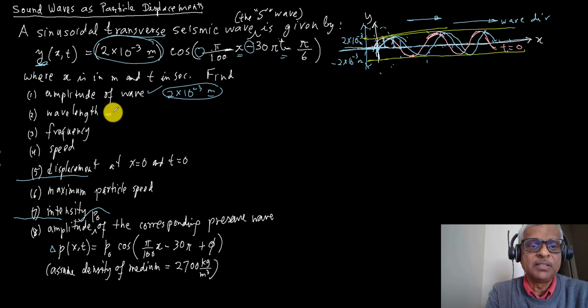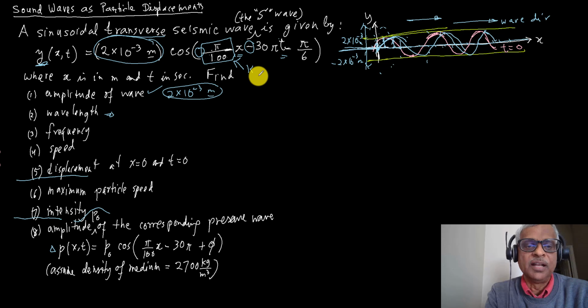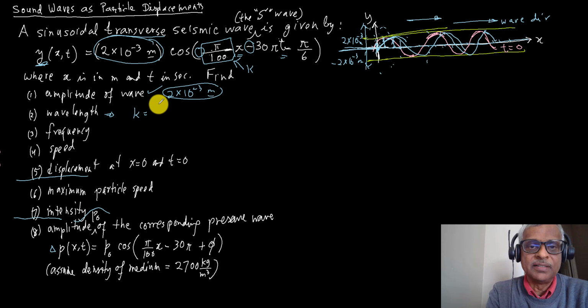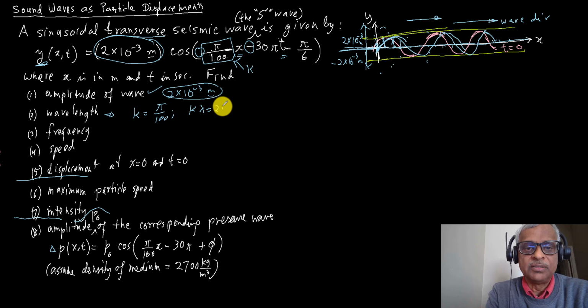The wavelength: this is k, the wave number. k is pi over 100, and k times lambda is 2 pi, where lambda is the wavelength.